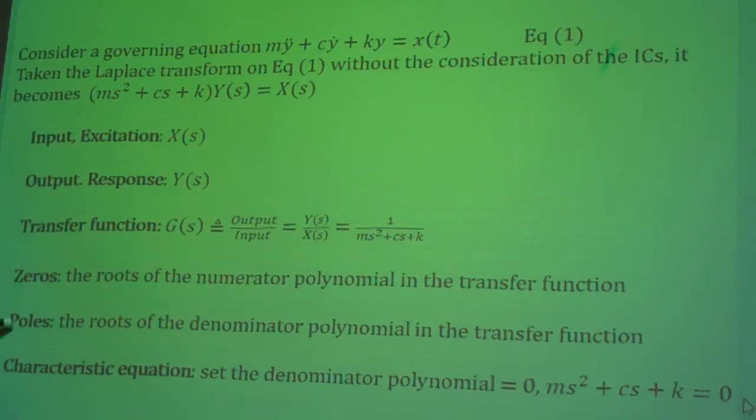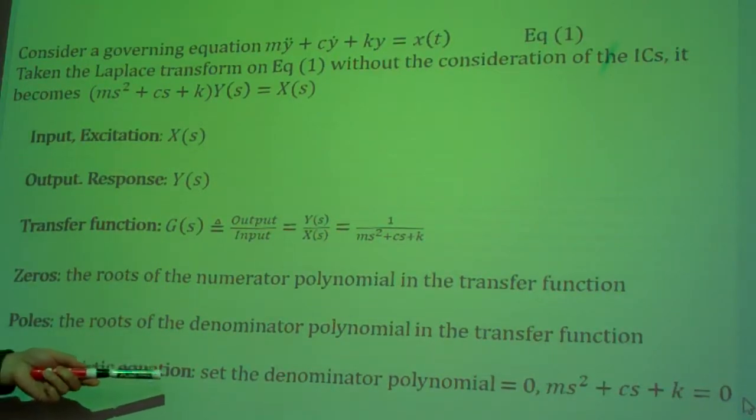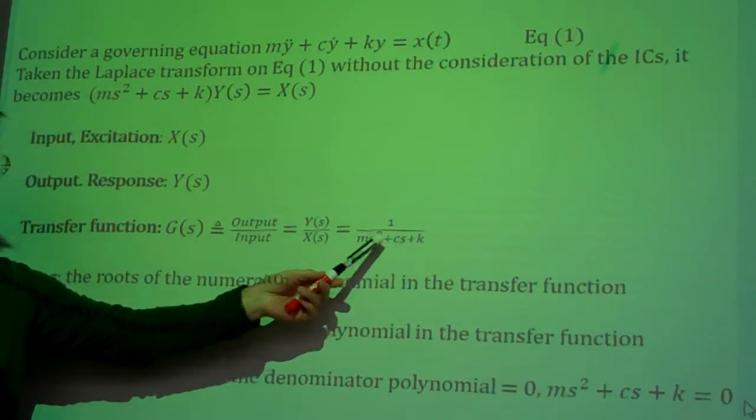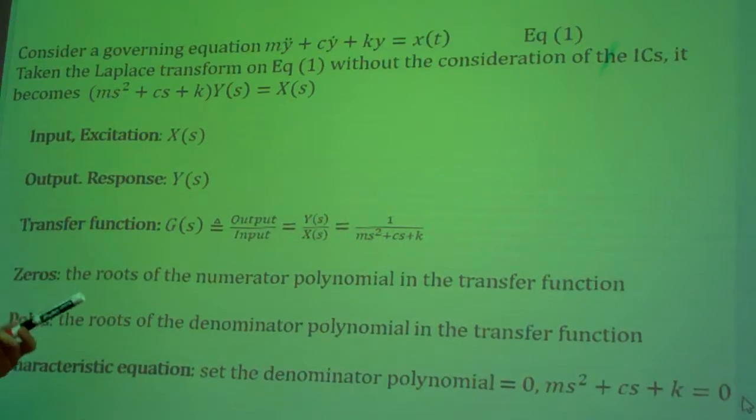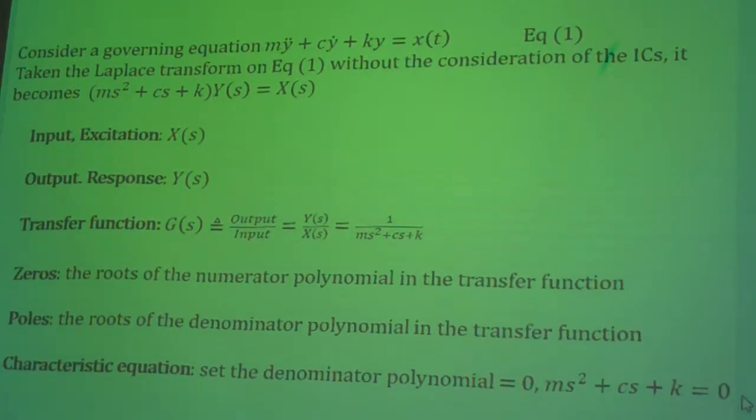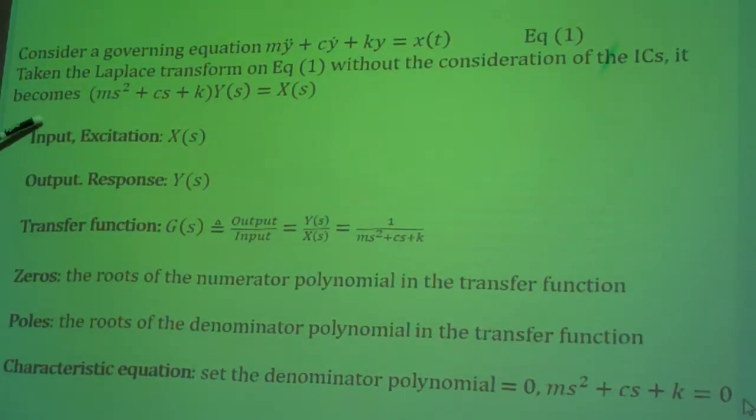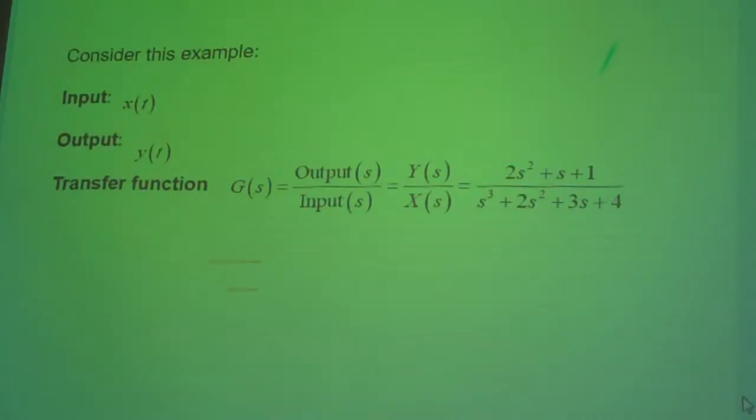The two terms will be used in system dynamics like control. But anyhow, the characteristic equation is a term we see quite often. Basically, we set the denominator polynomial equal to 0, and that equation is called the characteristic equation. So these are the unified terms we're going to use.